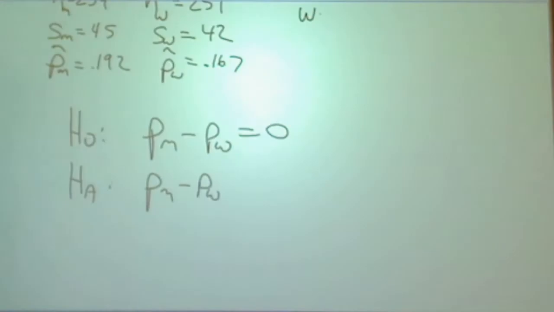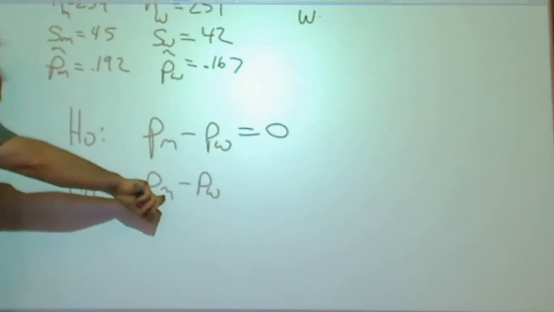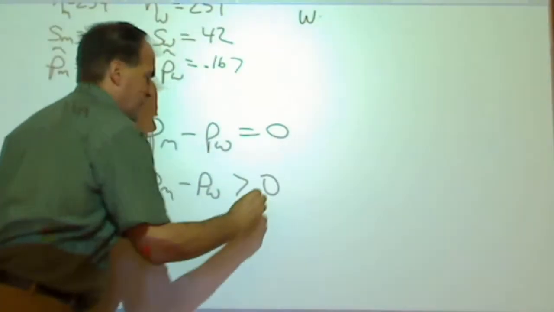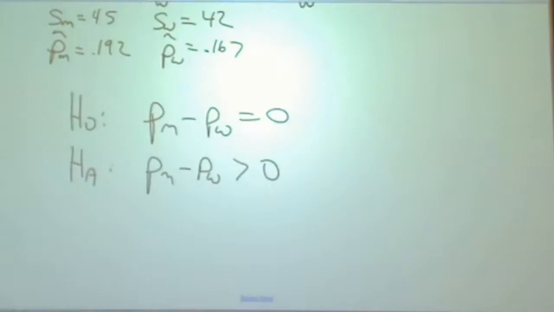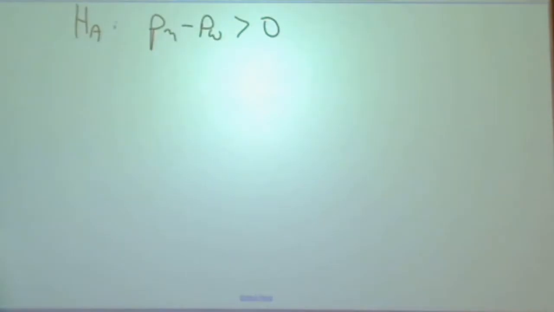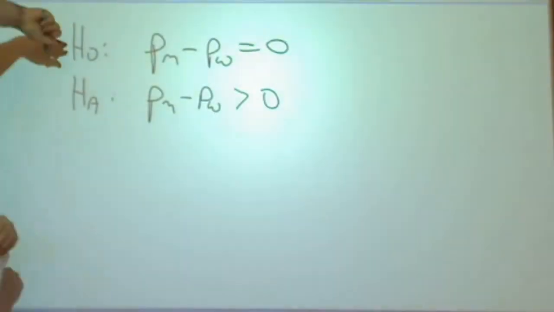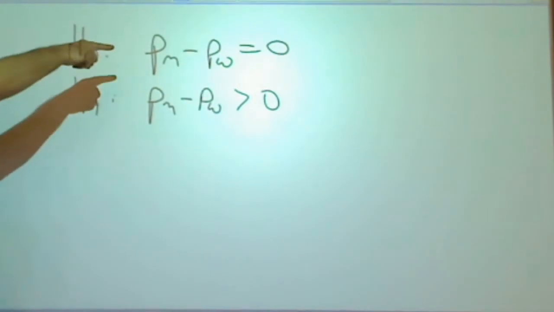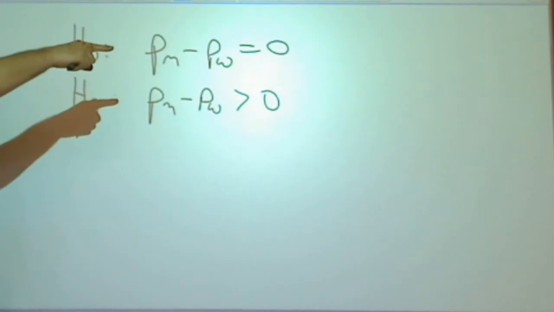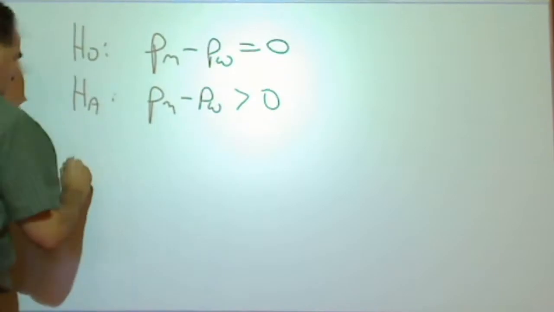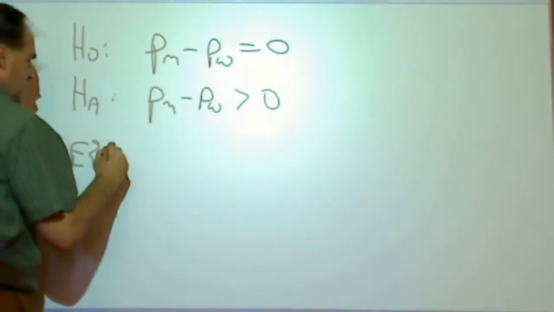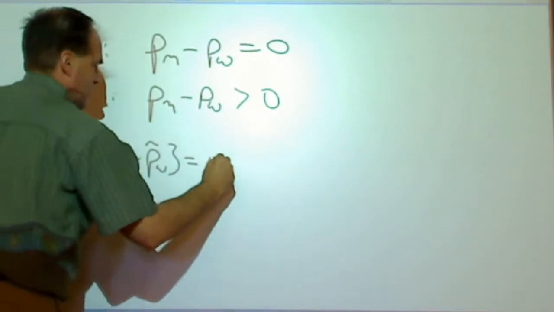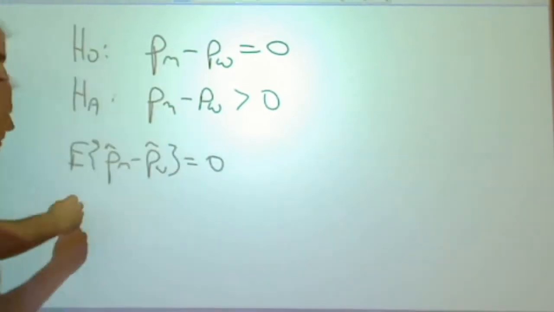Higher, yeah, because they're wondering if women or men are higher, so that'd be greater than 0. Okay. So what do we got? Same as the single proportion, I'm using the null to help create my model. The mean, the expected value of men minus women. This is 0, because that was our null hypothesis.